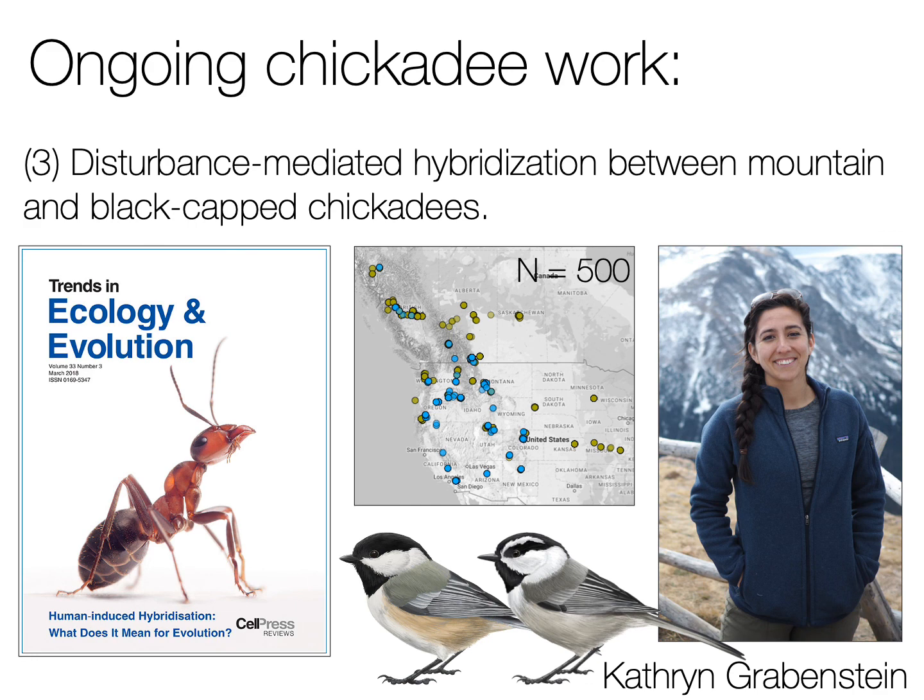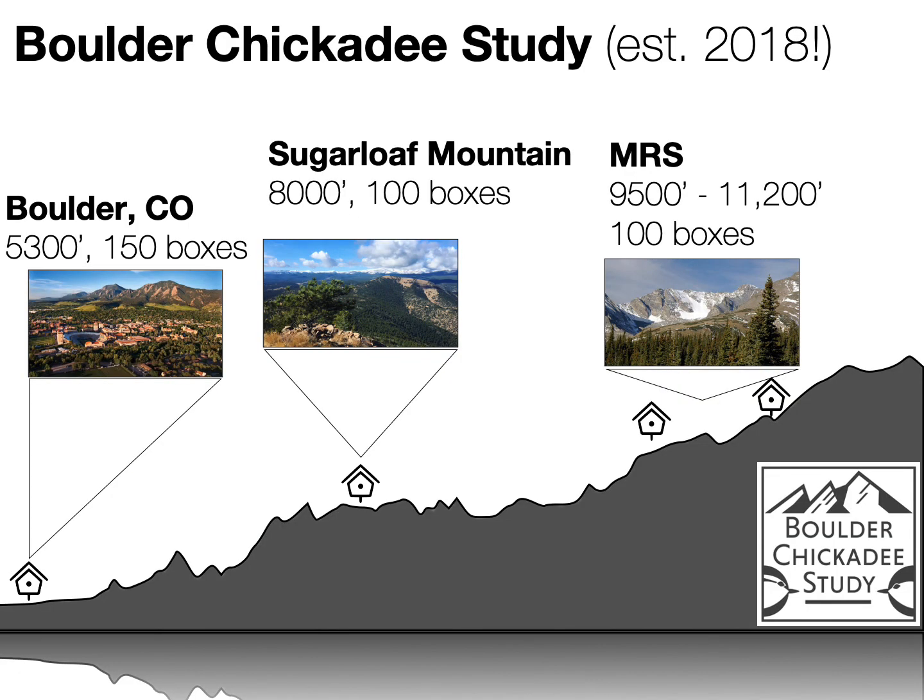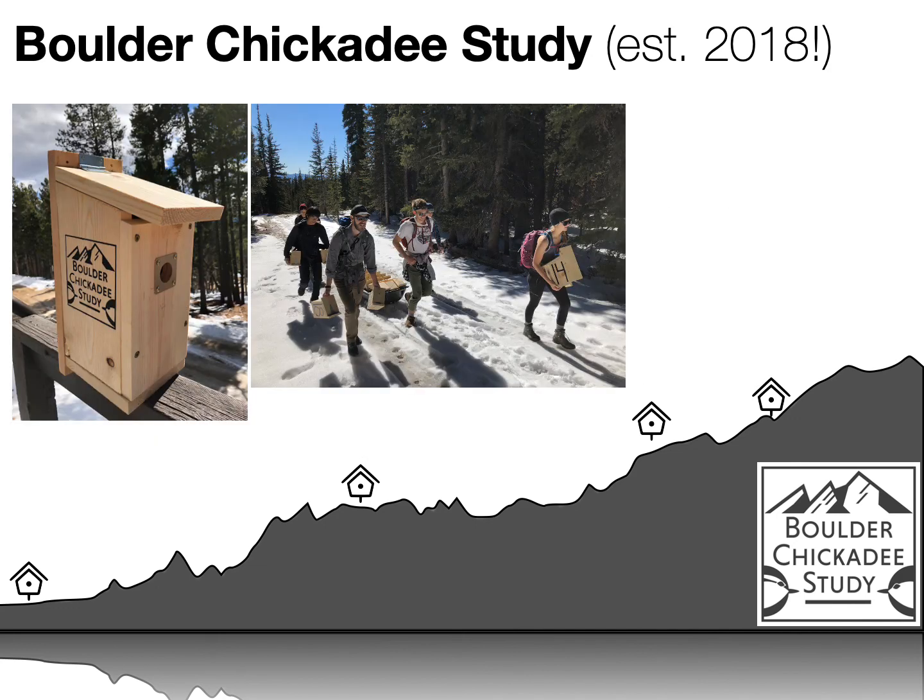This work is led by my student Catherine Grabenstein, who's been integral in establishing our local field site, the Boulder Chickadee Study, which now consists of 360 some nest boxes across a 6,000-foot elevation gradient, which allows us to monitor interactions between black-capped and mountain chickadees to better understand what causes hybridization to happen between them. And it's been really fun to set up a long-term study.